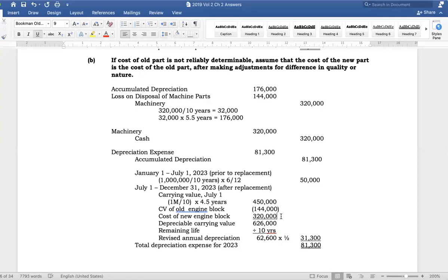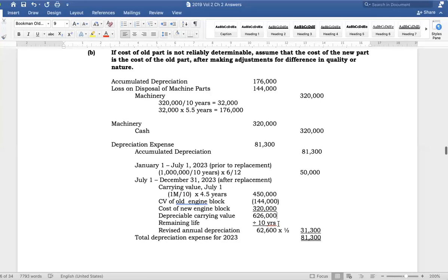Then we capitalize the cost of the new engine block, 320,000. So the depreciable carrying value after the replacement, that is on July 1, 2023, is 626,000. So after the replacement, your remaining revised life has been extended again to 10 years.